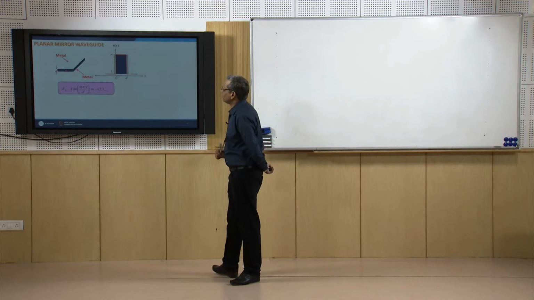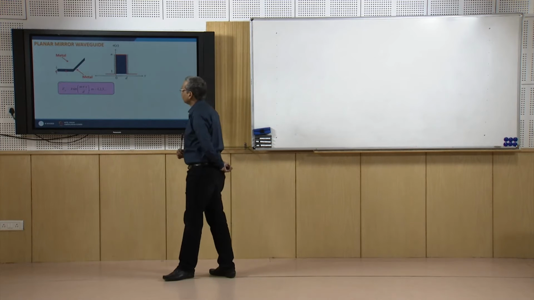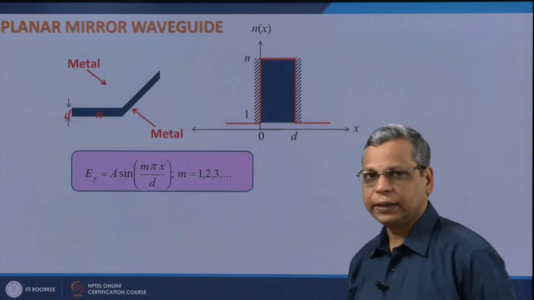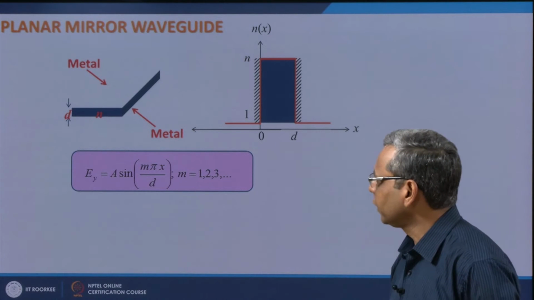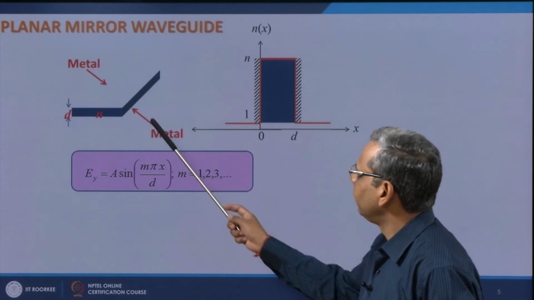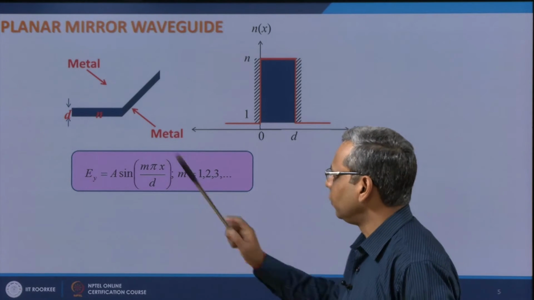I work out first an example of planar mirror waveguide, where I have a very thin layer of dielectric medium of refractive index n and width d, which is coated with metal on top and bottom.